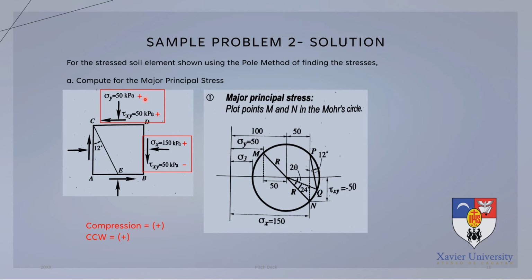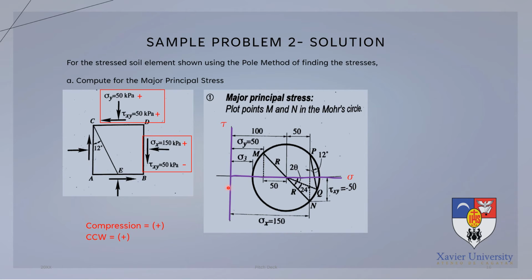So if we are going to plot this on our Mohr circle, we have here our Cartesian plane, wherein our y-axis will always be for the shear stress, and our x-axis will be for the normal stress.